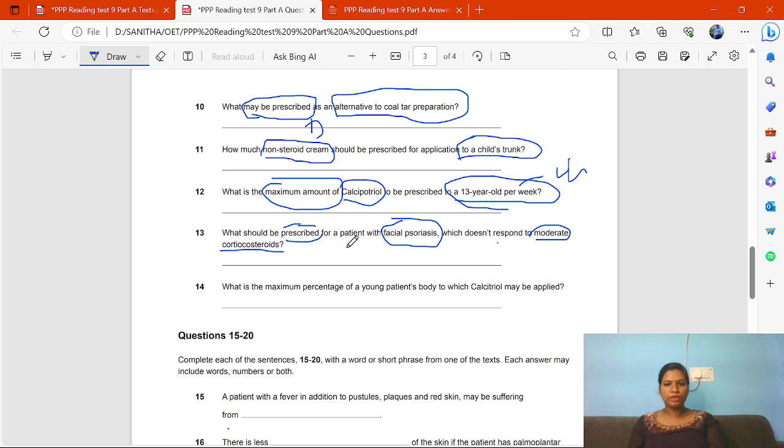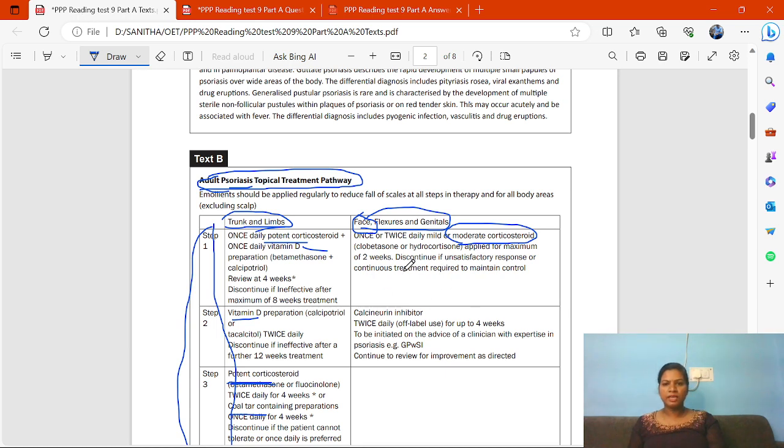What should be prescribed for a patient with facial psoriasis which doesn't respond to moderate corticosteroids? That is the question. See, discontinue if unsatisfactory response or continuous treatment required to maintain. If it is discontinued, we have to start calcineurin inhibitor.